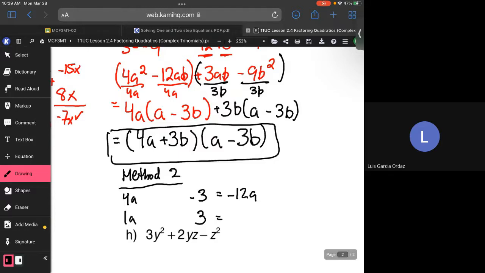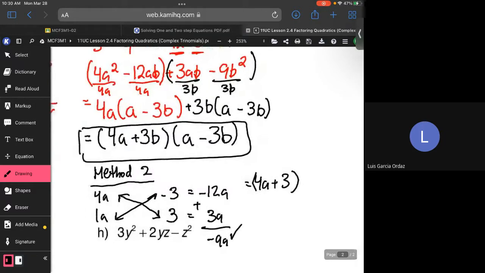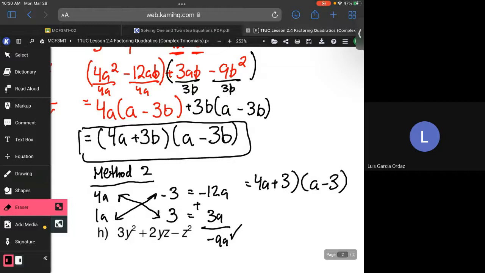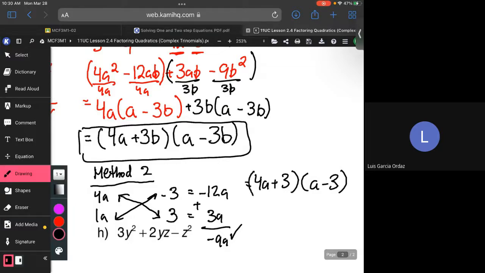A times 3 gives me 3a. Now when I add those together, that gives me -9a, which is exactly what I want. So now with the crisscross method, my first bracket is 4a plus 3b and my second bracket is just a minus 3b. Oh, I'm supposed to put the b as well, sorry, whoops. Thank you, Camilla. So this would be using method 2.